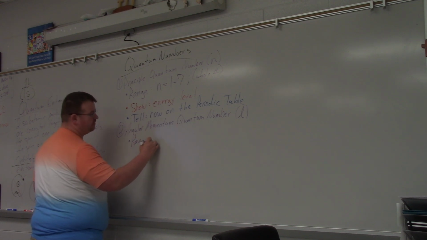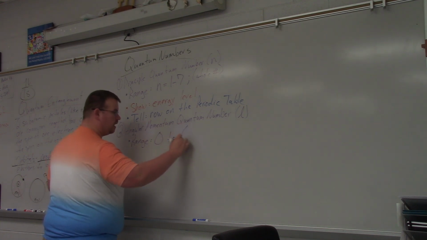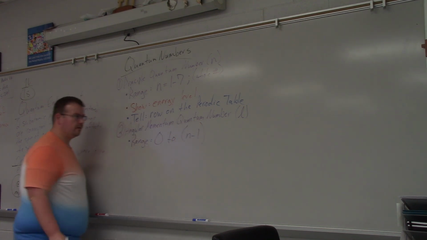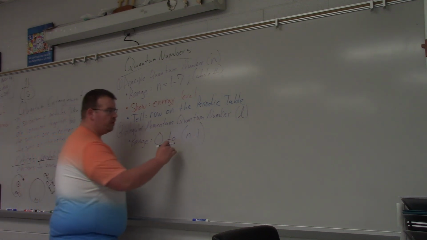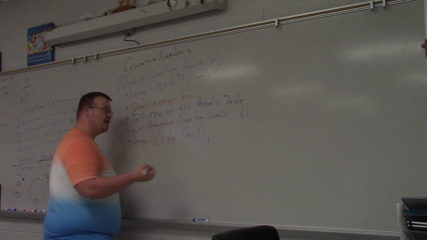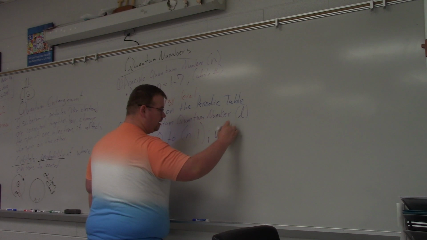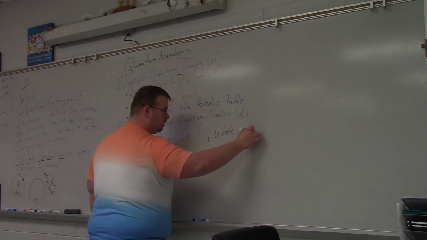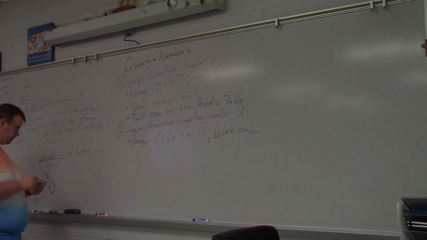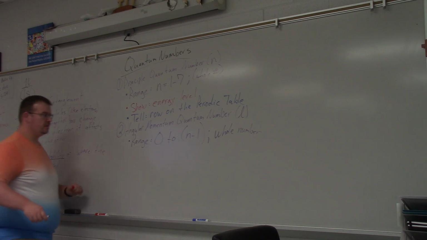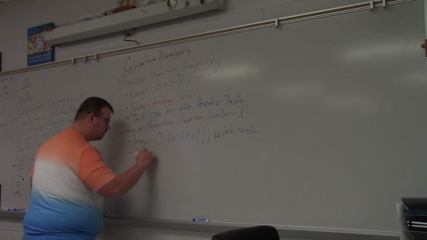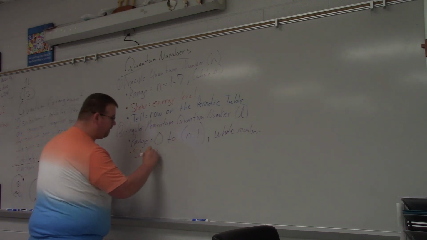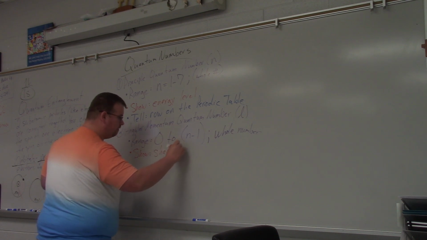The range it can have is from 0 to n minus 1. Since n, the principal quantum number, is a whole number and we can only go from 0 to n minus 1, this must also be a whole number. The angular momentum quantum number will show the shape of the subshell.